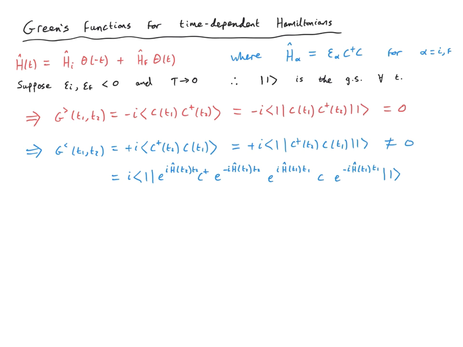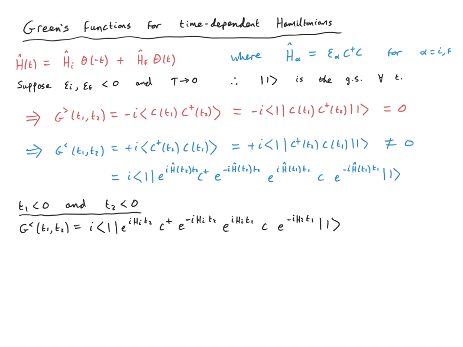First, let's look at the case where both t1 and t2 are negative. In this case, H(t) is always the initial Hamiltonian, H_i, as I've written here explicitly now. We can evaluate this string of operators as before, and we simply obtain i e^{epsilon_i (t2 - t1)}.